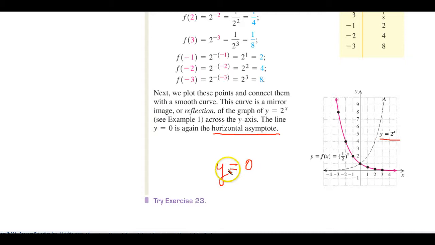And what is y equals 0? Well, that happens to be the x-axis. So the horizontal asymptote, and again, these lines never quite reach it, y equals 0 is the x-axis.